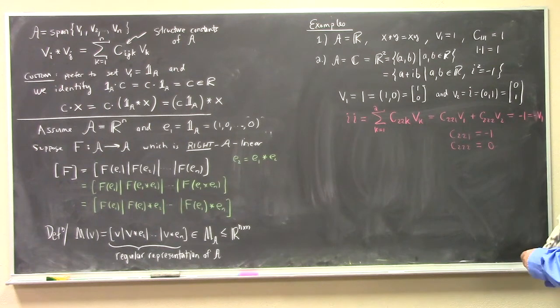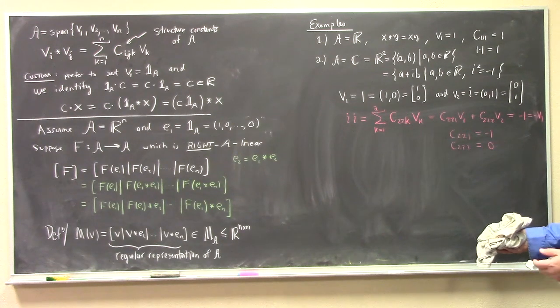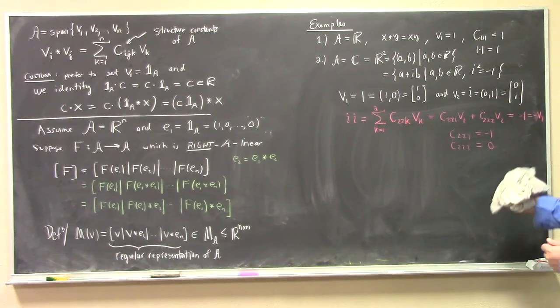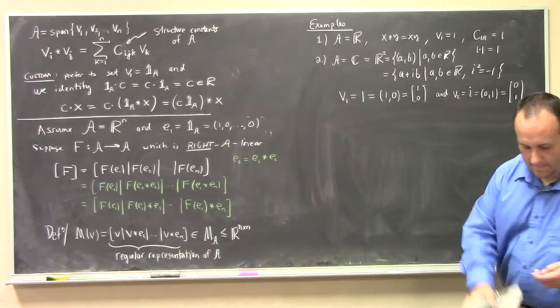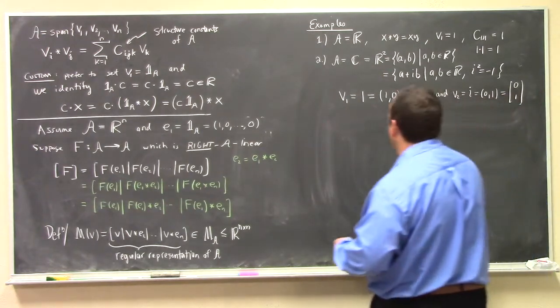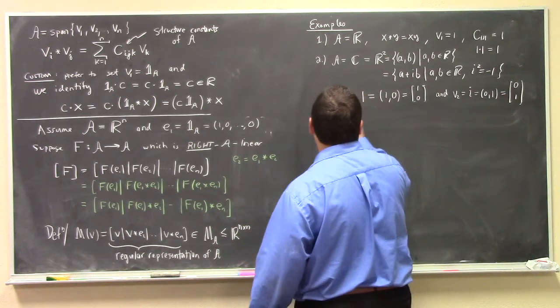Now, let's take a look at a linear map on R^2, and see what it means for it to be right complex linear. So what's that mean? Let's see here. How about this?